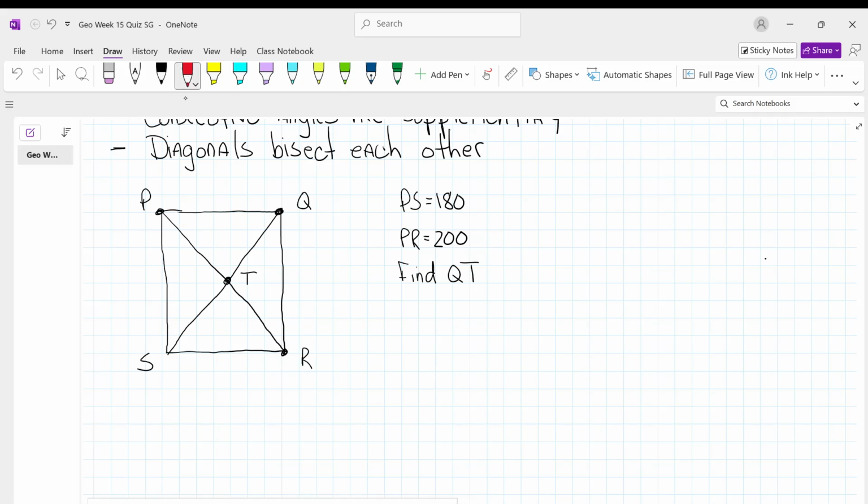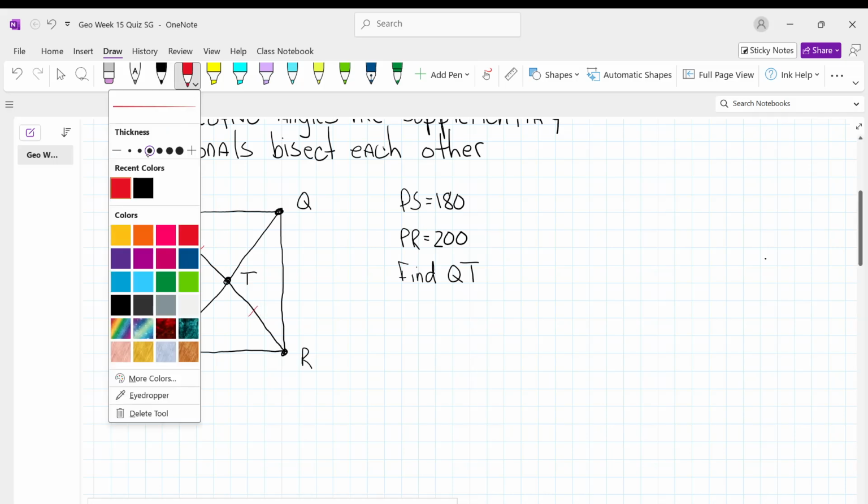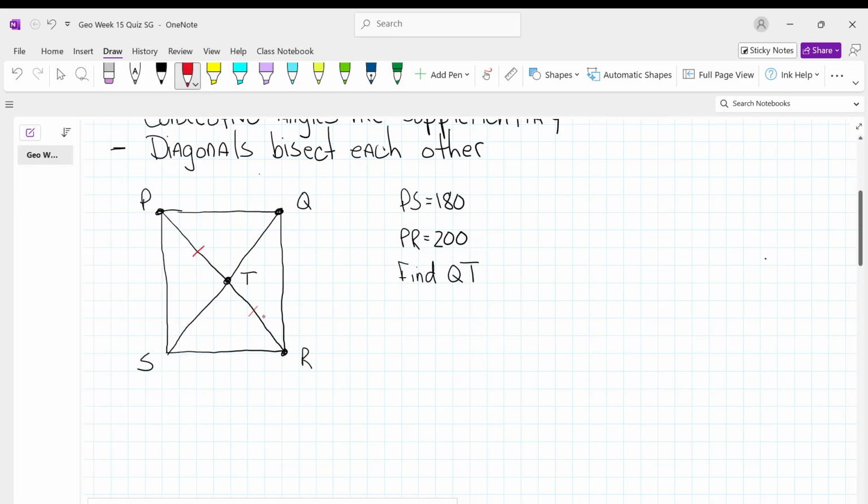Well, once we find out one of the lengths of half of a diagonal, all of these halves of diagonals are congruent.